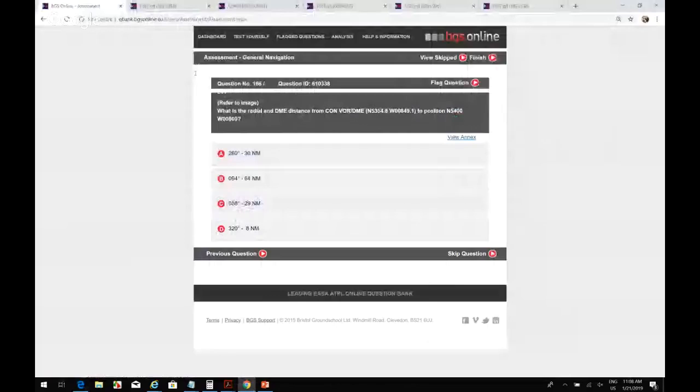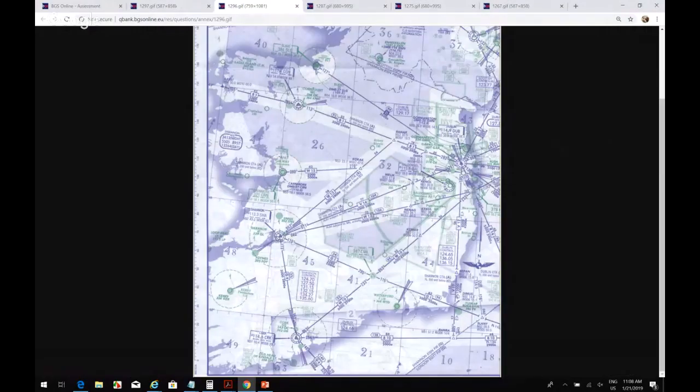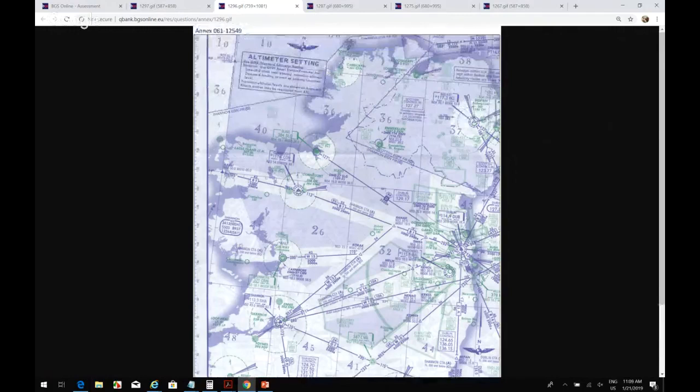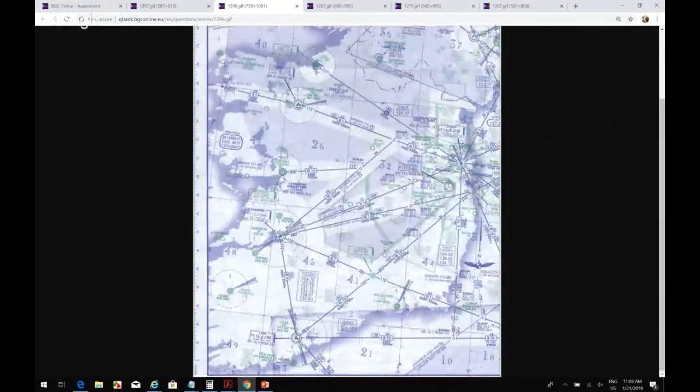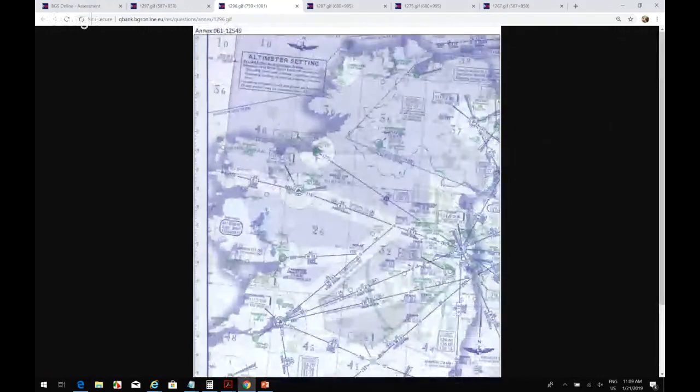What's the radial and DME distance from Connaught VOR DME to position 5408? So where's Connaught on here? Connaught's up there. Now we want to go to 5408.